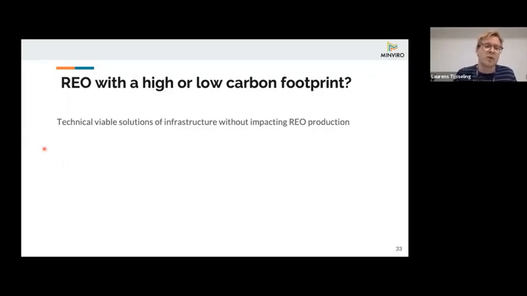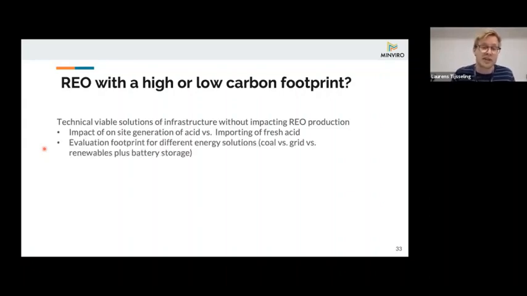But we decided to look at more technically viable solutions that we could change within the infrastructure without influencing the rare earth oxides production flow sheet. So what we did, we looked at what the difference would be in producing acid on site or importing fresh acid, because burning sulfur has an exothermic reaction, so you also have the possibility to generate energy.